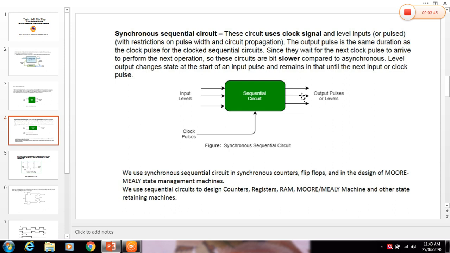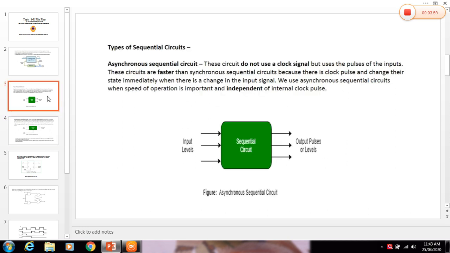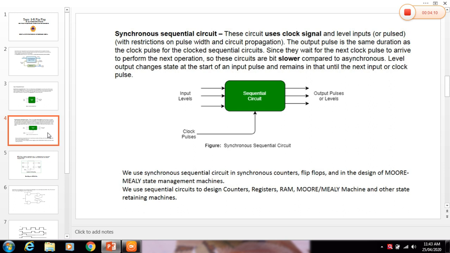So every time for generating an output, we have to wait for a clock pulse. In this way, our output is synchronized with the help of this clock pulse. As compared to asynchronous sequential circuits, where there is no clock pulse and hence no synchronization, in synchronous sequential circuits we have a clock pulse, and synchronization is achieved.